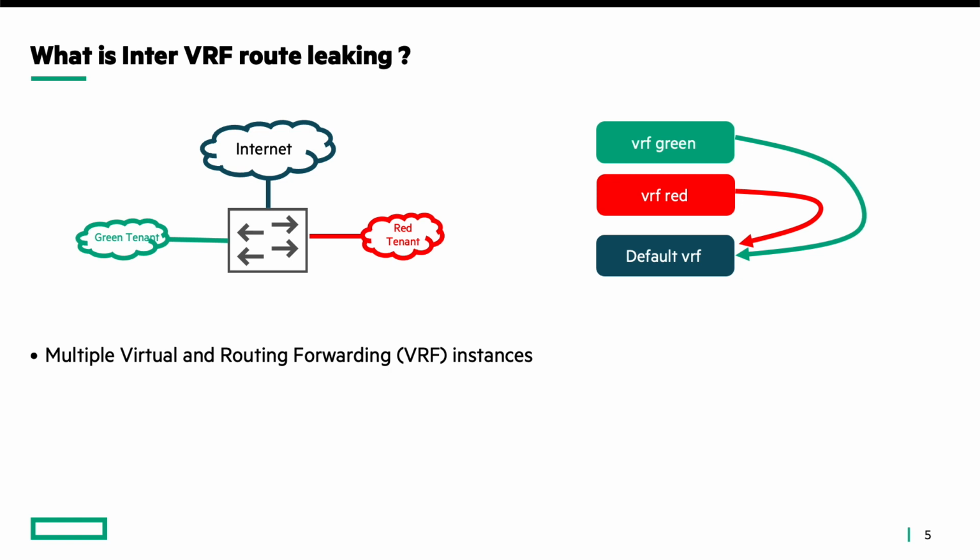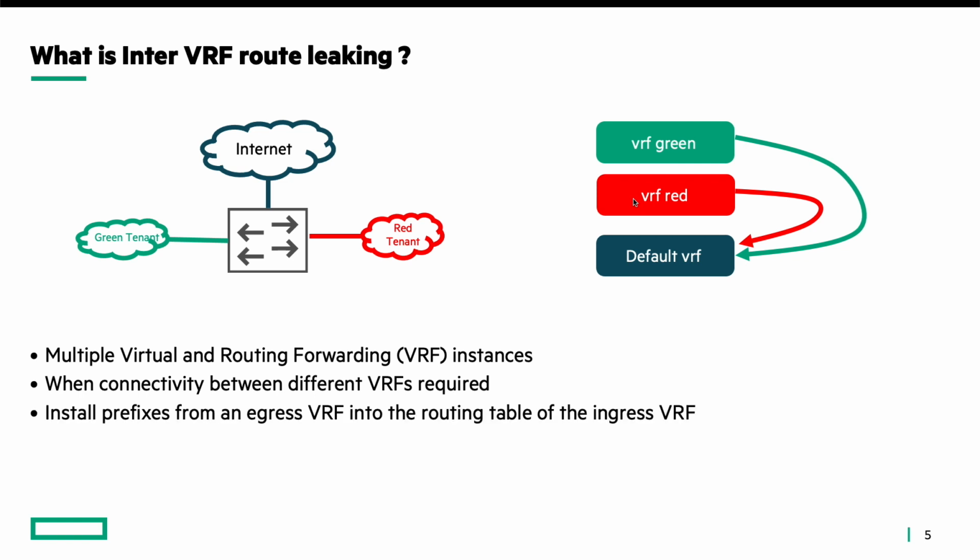In this example, we have a green tenant, a red tenant, and let's say an internet VRF, which might be a kind of shared services. When we speak about leaking, it means that a resource in one tenant, let's say the green tenant, needs to access a resource in another tenant. It can be the internet or the red tenant. So the connectivity is required, even if the first goal of VRF was to segment, but we may have some exceptions.